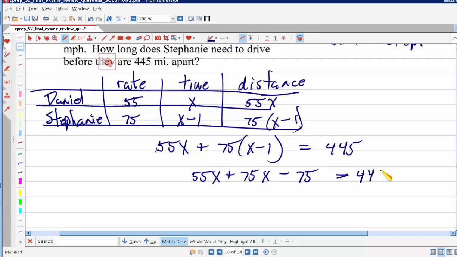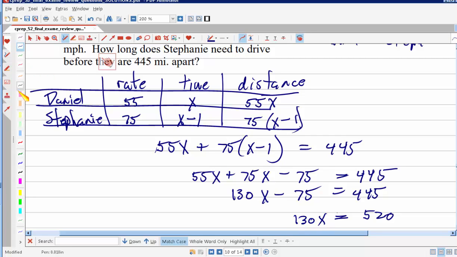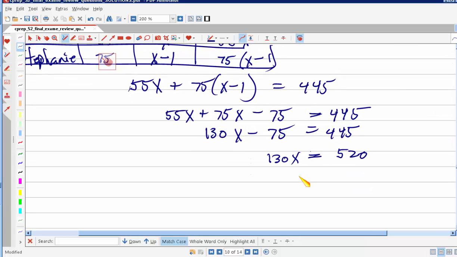Add those together, I get 130x, and if I add 75 to both sides I get 520. If I solve that equation, I get x equals 4.